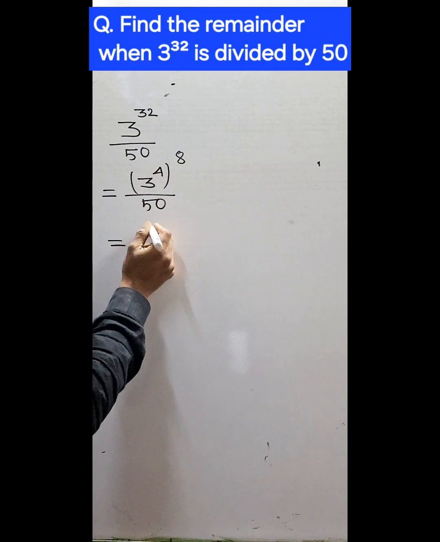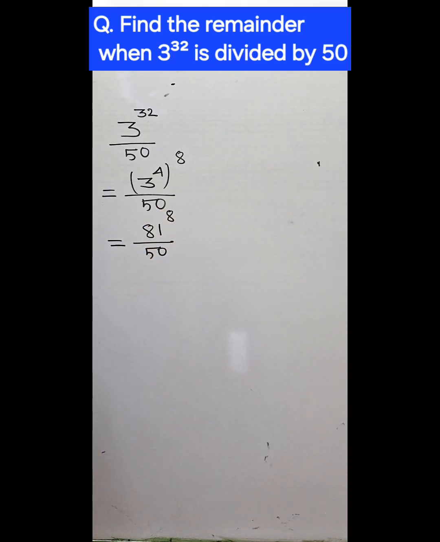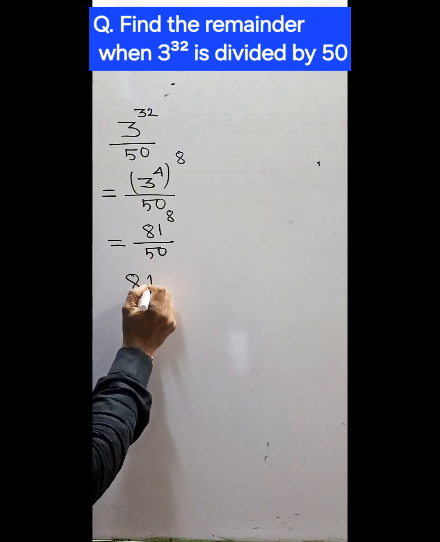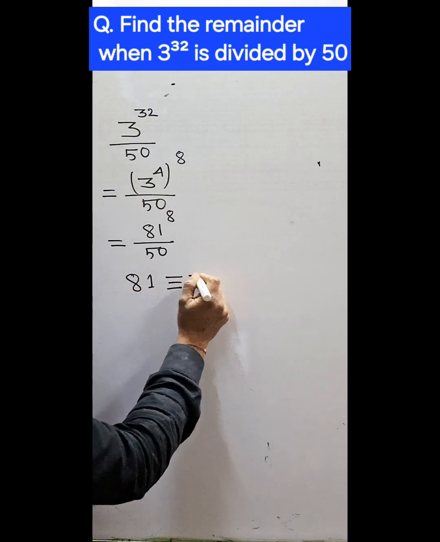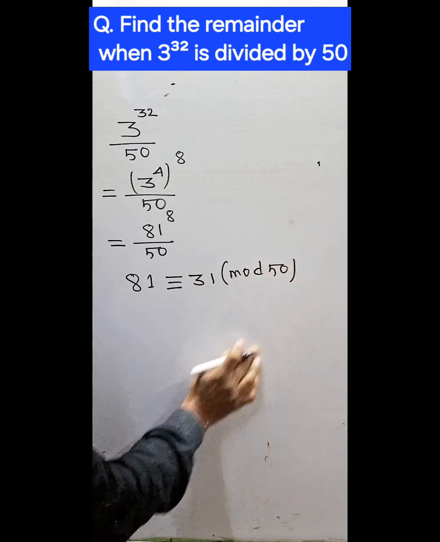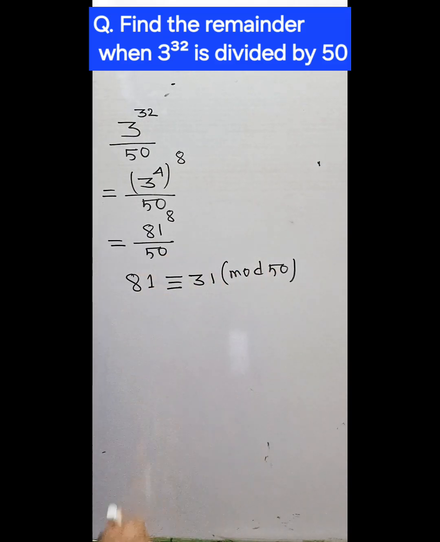Now it becomes 81 to the power 8 divided by 50. Now if 81 is divided by 50, you will see remainder will be 31. It means 81 is congruent to 31 modulo 50. I mean to say 81 minus 31 is exactly divisible by 50.